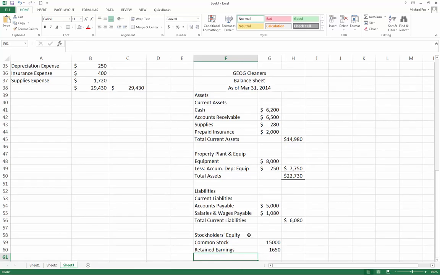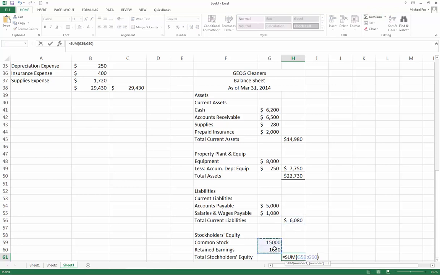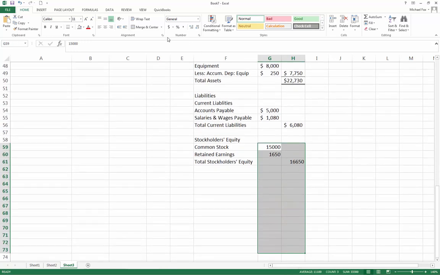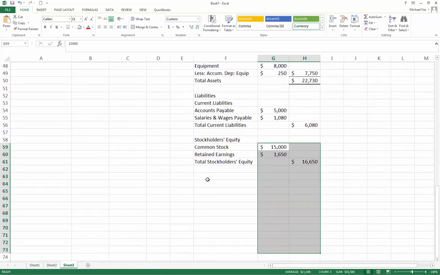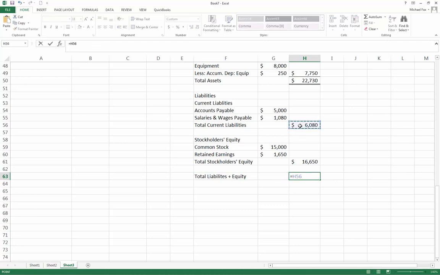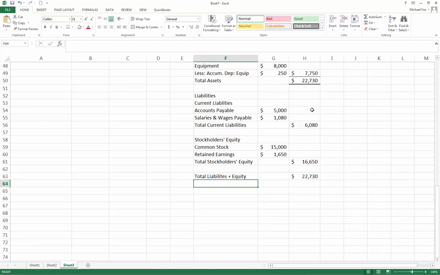So our total stockholders' equity, and then we'll do our total of liabilities plus stockholders' equity. And that together should equal our assets. And it does, $22,730.